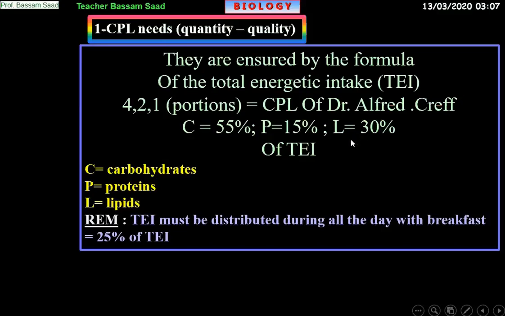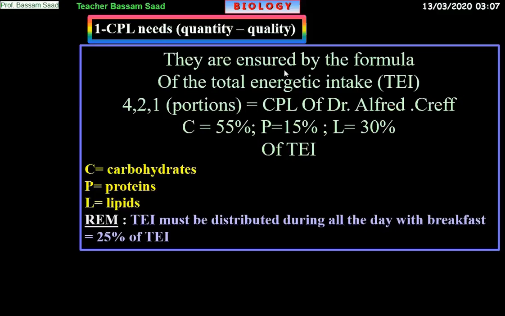So when I say carbohydrates must cover 55% of the total energetic intake, if the total energetic intake is 100 kilocalories, 55 kilocalories must come from carbohydrates, 15 from proteins, and 30 kilocalories from lipids. This is what we mean by quality. The quality means the distribution of the total energetic intake on the organic substances we have to eat.